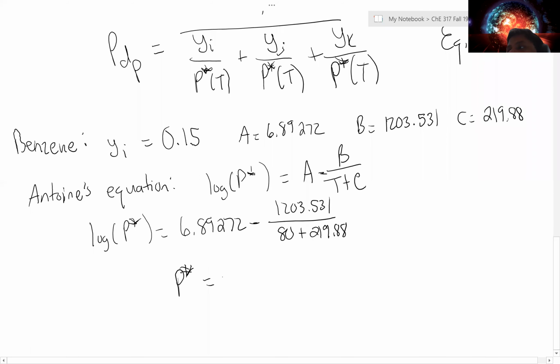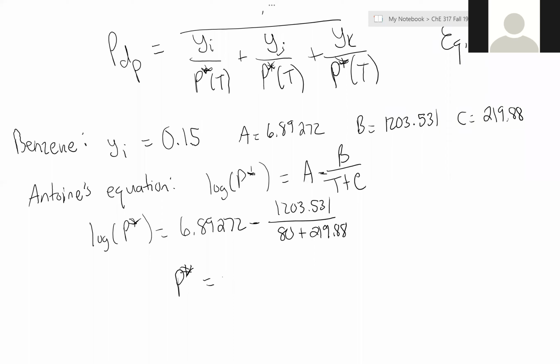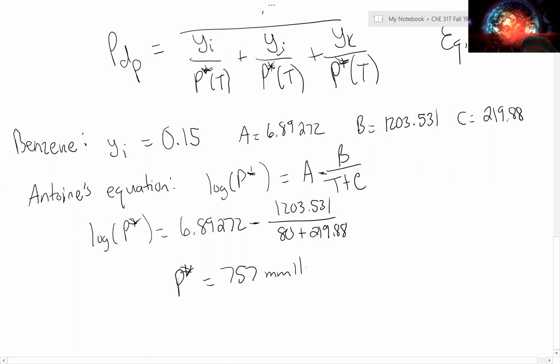So what do I get for P star? I got 757 millimeters of mercury.